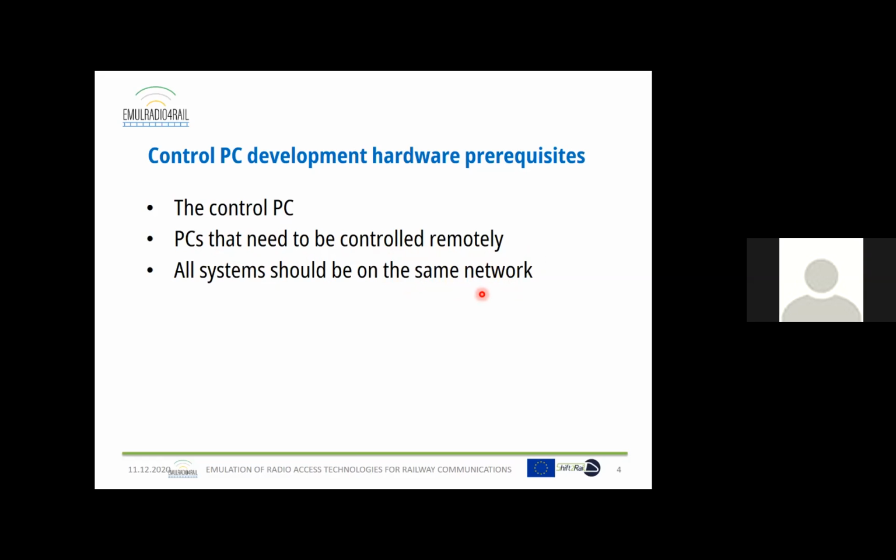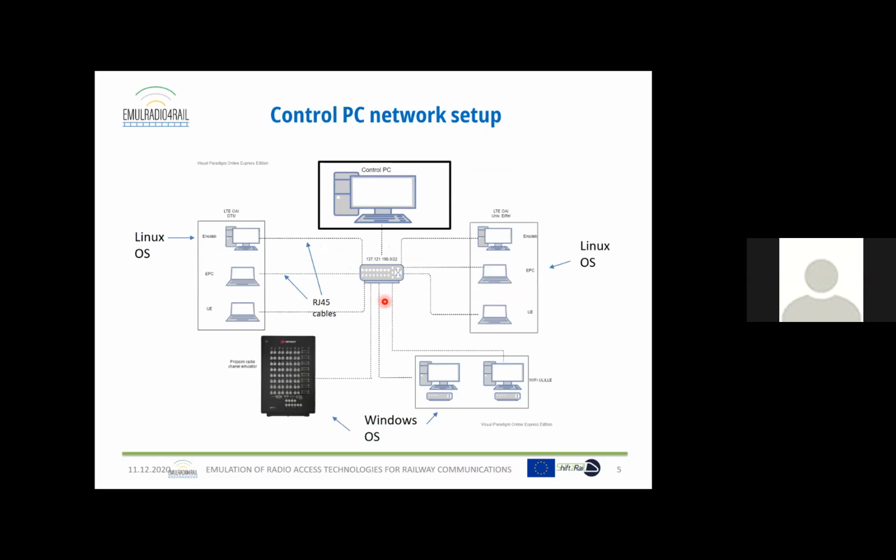This is the network topology that we considered. We have all the PCs of the different platforms with the channel emulator, the Wi-Fi of the University of Lille, and the control PC. All of them are on the same network. For this network setup, we used a switch and RJ45 cables.